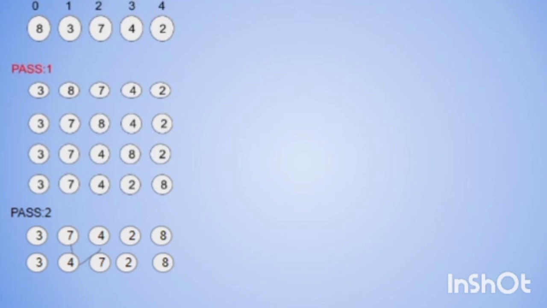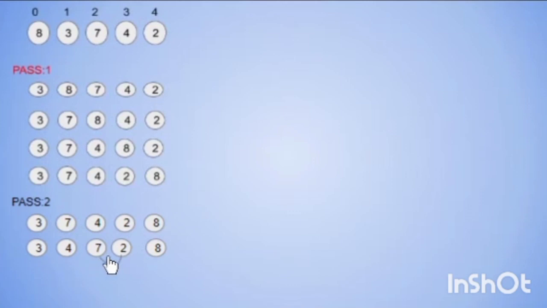Check the next two elements, 7 and 2. Is 2 smaller than 7? Yes, it is. So again we will swap them. 2 will come here and 7 will come here, and the remaining elements will be the same. Now there is no need to check 7 and 8 because 8 is already in its actual position.